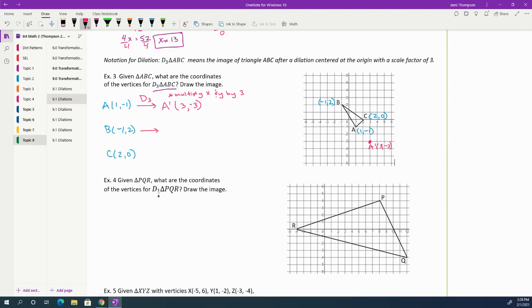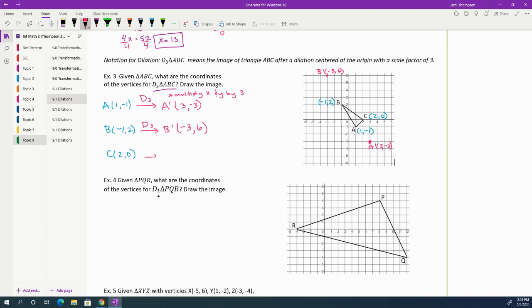And I do the same thing for the next point. So a dilation of 3 means that my new point B prime will be negative 1 times 3 is negative 3. 2 times 3 is 6. So B prime is now negative 3 comma 6.